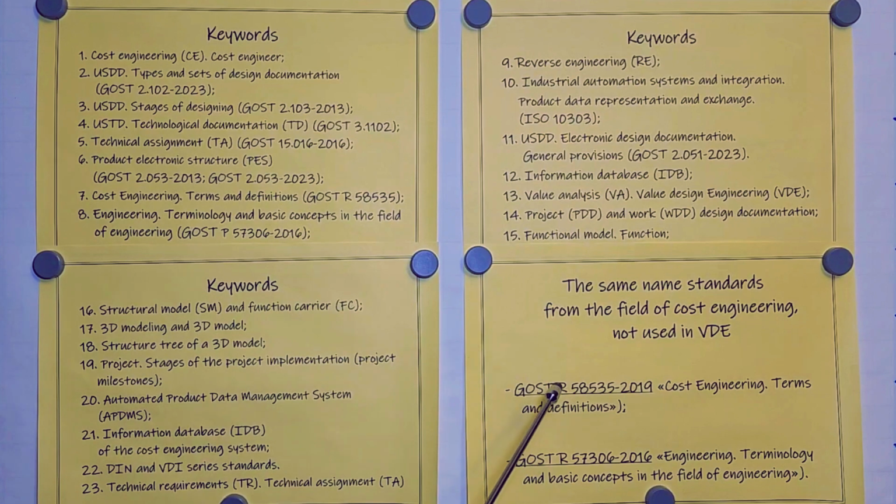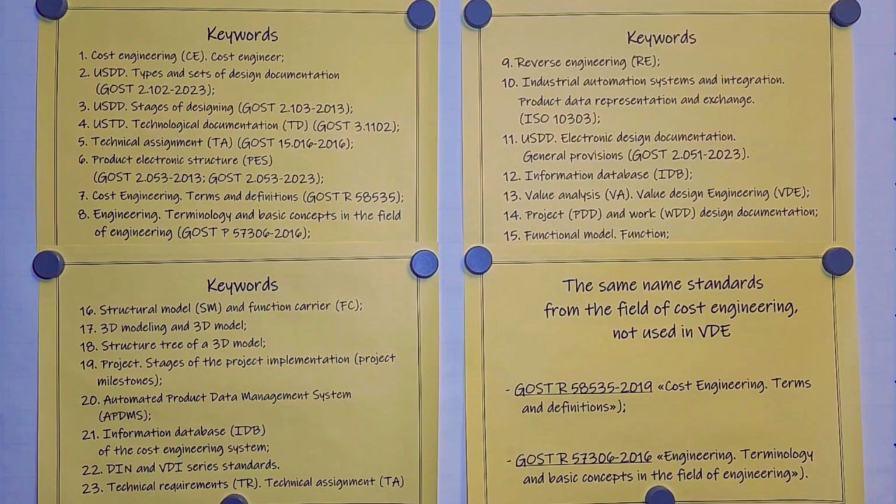The following two standards are closest to the subject of value analysis at first view, and its sections such as cost engineering or cost design engineering in value design engineering: GOST 58535, cost engineering terms and definitions, and GOST 57306, engineering terminology and basic concepts in the field of engineering.